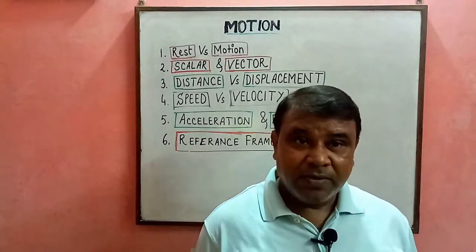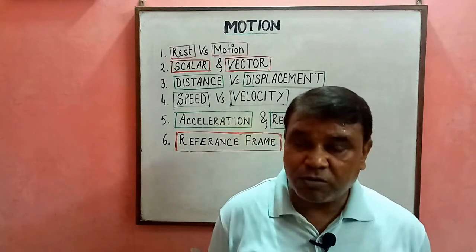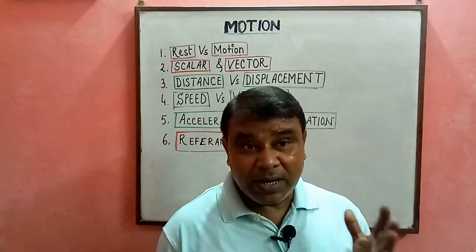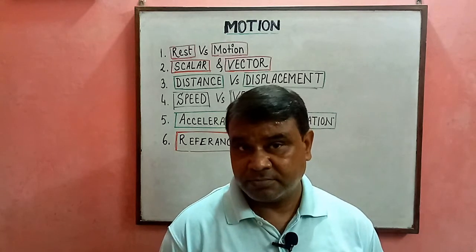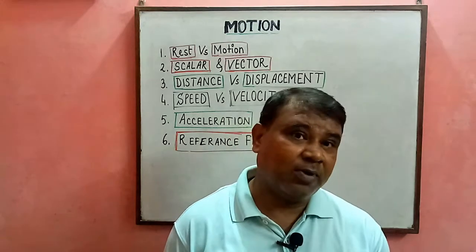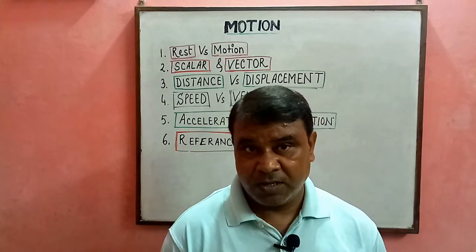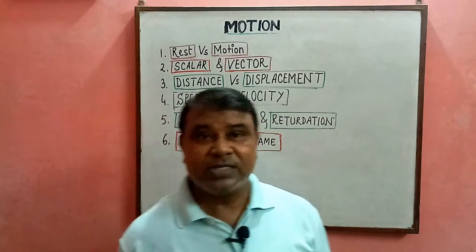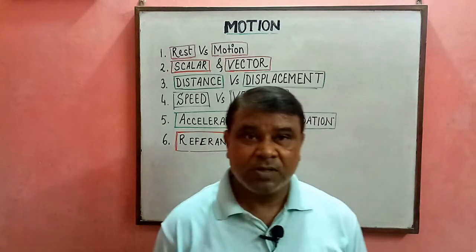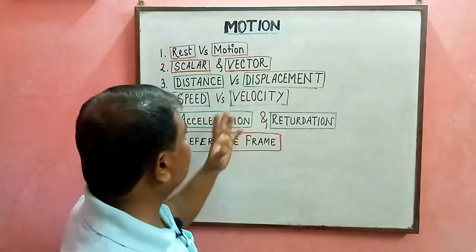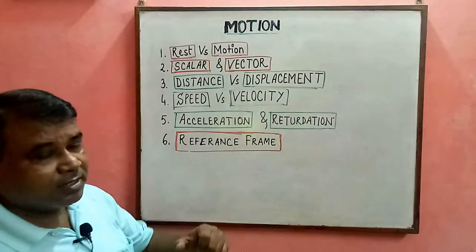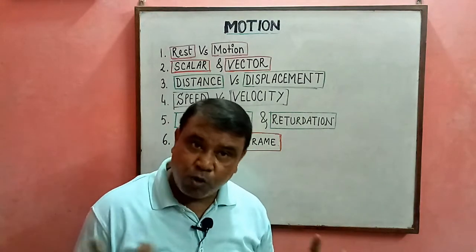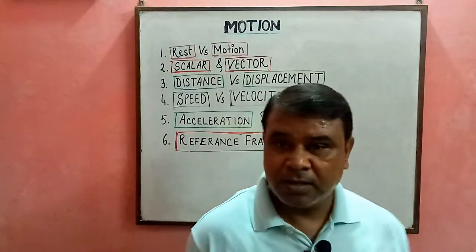So this way sometimes we apply force in a particular direction, then only work will be done. So the quantities which have both magnitude as well as direction, they are vector quantities.